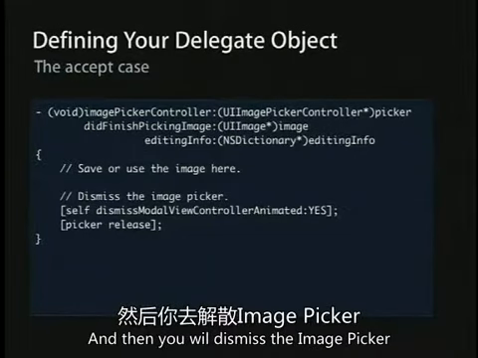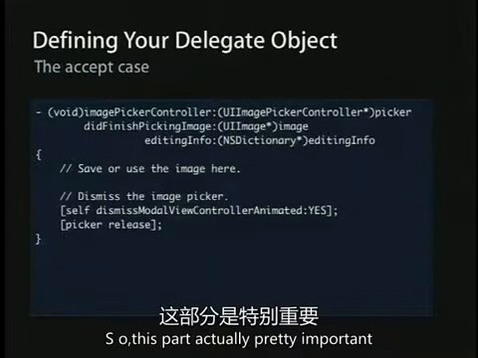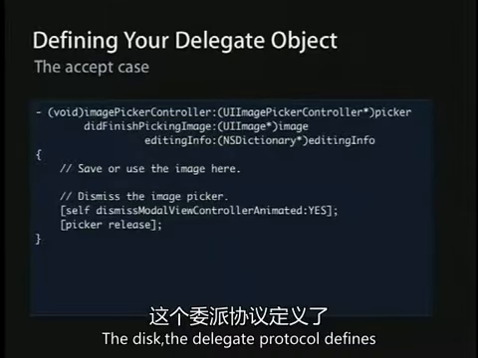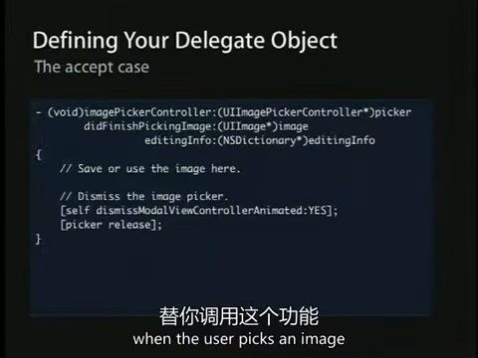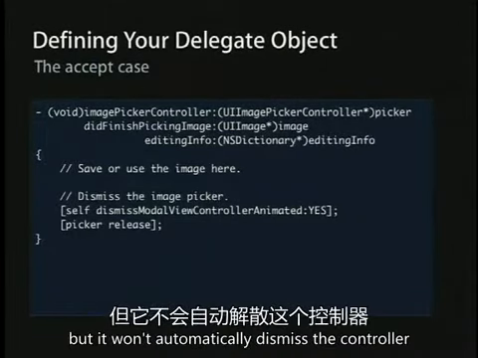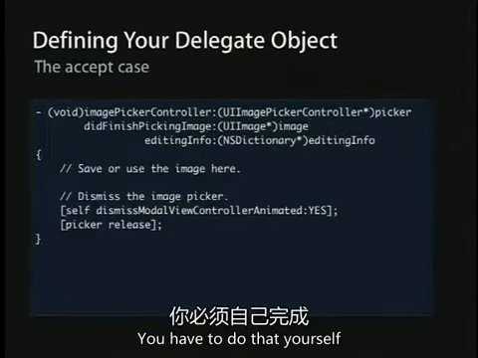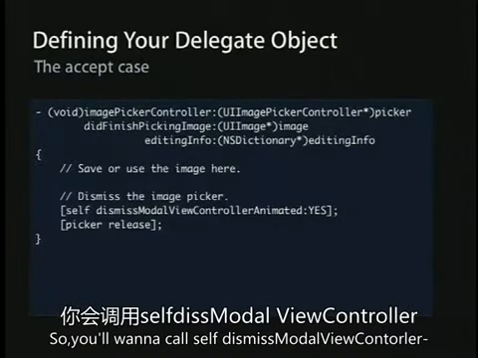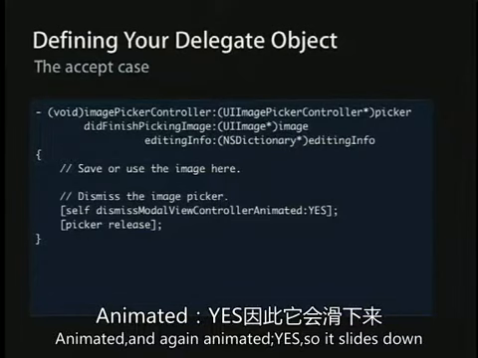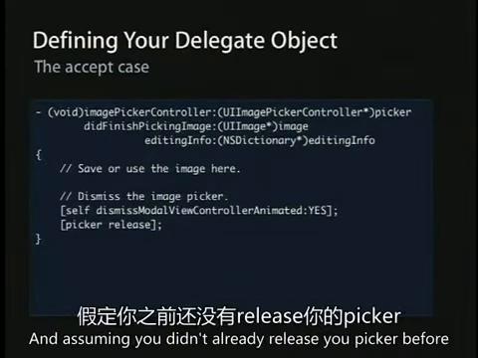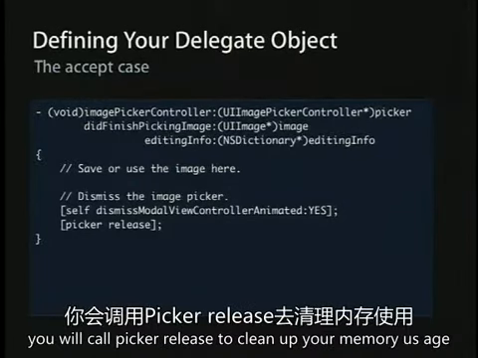And then you'll dismiss the image picker. So this part's actually pretty important. The delegate protocol defines that it will call this method for you when the user picks an image, but it won't automatically dismiss the controller. You have to do that yourself. So you'll want to call [self dismissModalViewControllerAnimated:]. And again, animated YES, so it slides down. And assuming you didn't already release your picker before, you'll call [picker release] to clean up your memory usage.